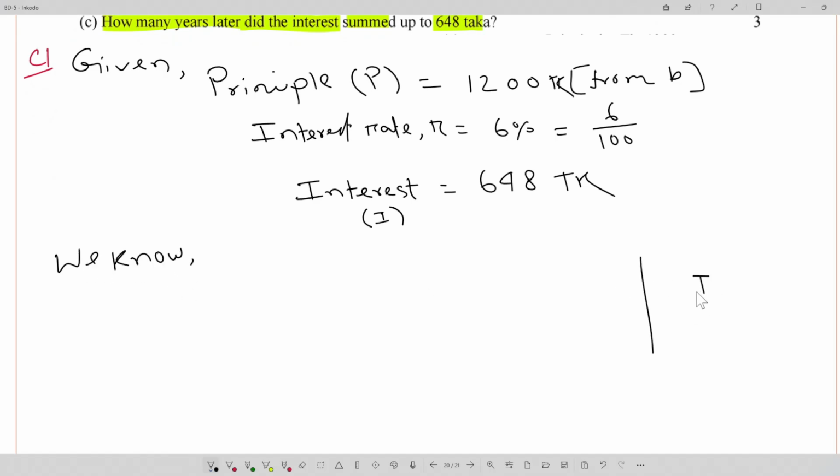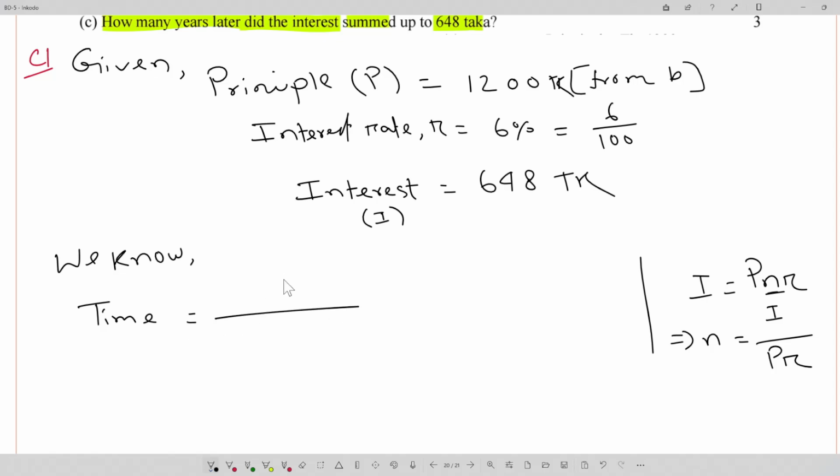We know I equals PnR, so we can say n, which means time, equals I divided by PR, right? So time equals interest divided by principal times rate.